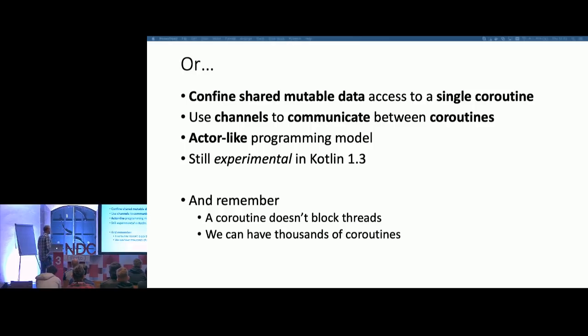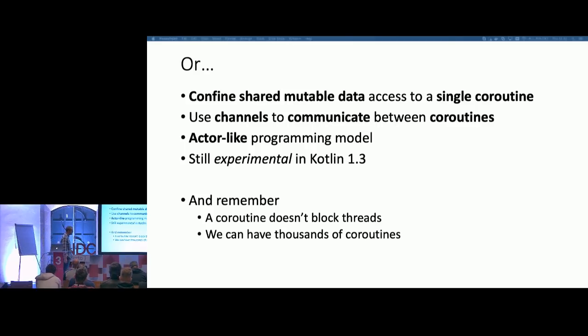So it's an actor-like programming model where mutable state is private to an actor, and what is an actor is a coroutine. It's still experimental in 1.3, meaning that there is something available, but it is highly likely that the signatures, the programming model will change.